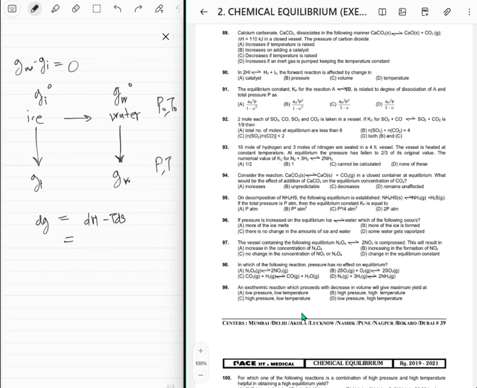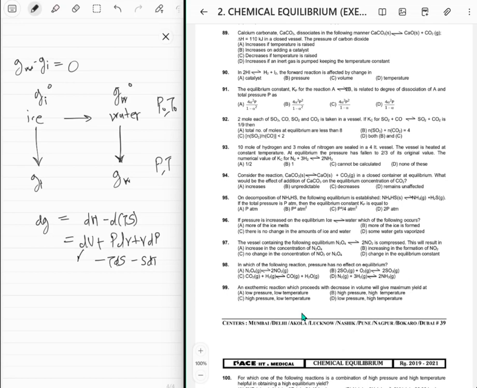So dH is d of U plus PV, and d(PV) will be P dV plus V dP, and then minus d(TS), so this will be minus T dS minus S dT.